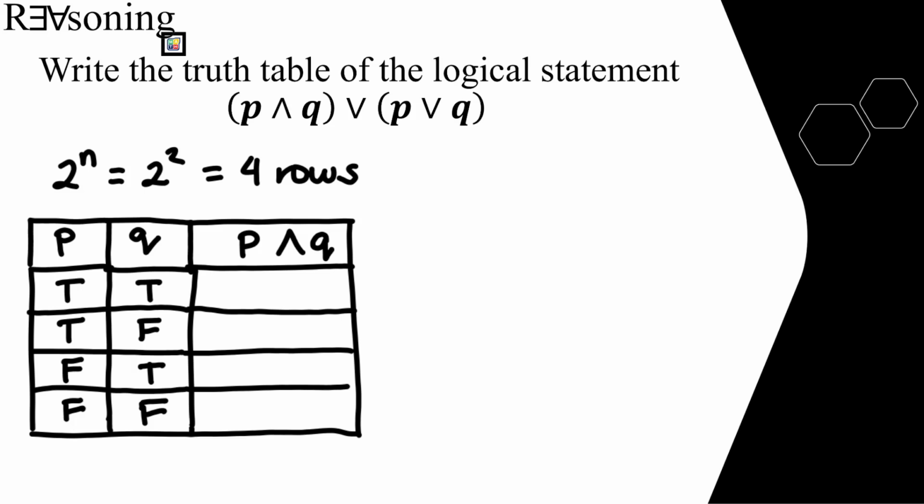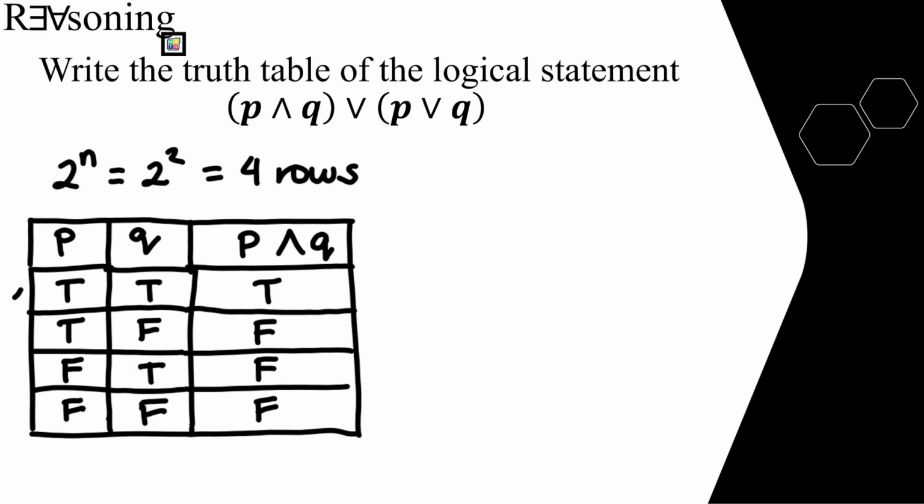We need to have both statements true in order for us to say that the conjunction is also true. I'm talking here about the first row, true and true, so your conjunction is true. However, for the rest of the rows, since each contains one or more false truth values, automatically the conjunction would be false, false, and false. That's the truth table for our conjunction. It is only true if both statements are true.